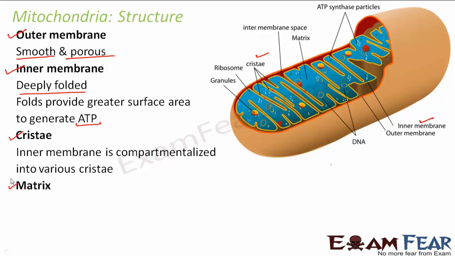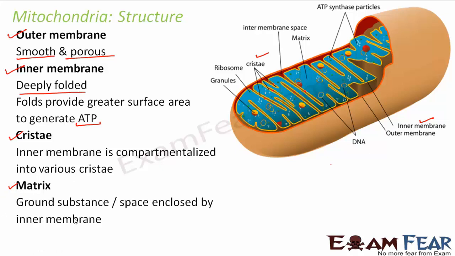Then we have the matrix. What is matrix? It is the ground substance or space enclosed by the inner membrane. So this region has matrix, the region enclosed by the inner membrane. These are the four basic things in the structure of mitochondria. First is the outer membrane, which is a smooth outermost covering.